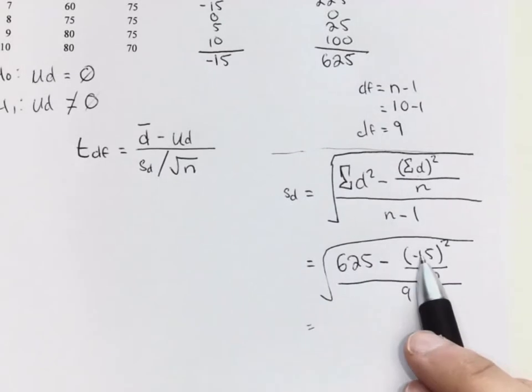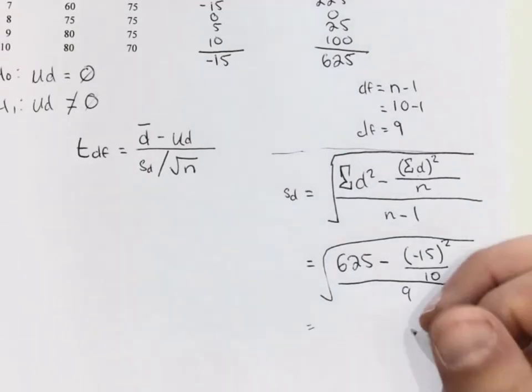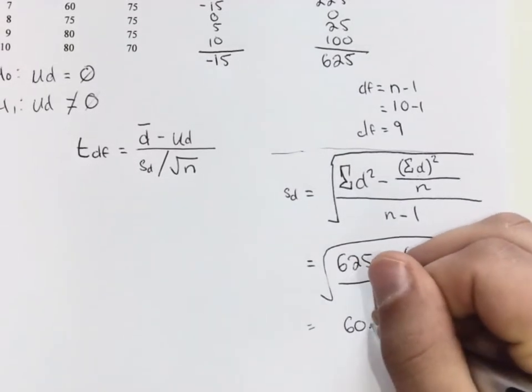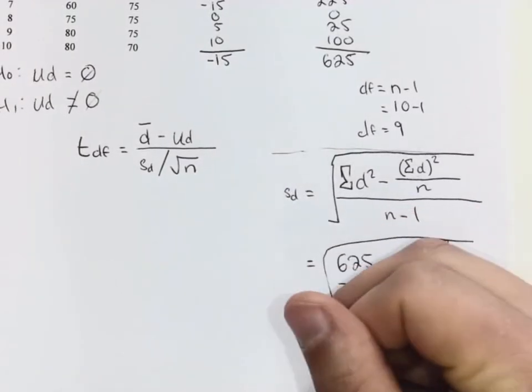This is 225. Divided by 10 is 22.5. So 625 minus 22.5 is 602.5, over 9, square root.